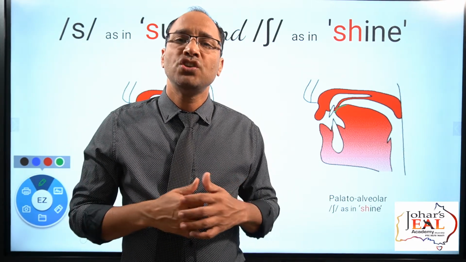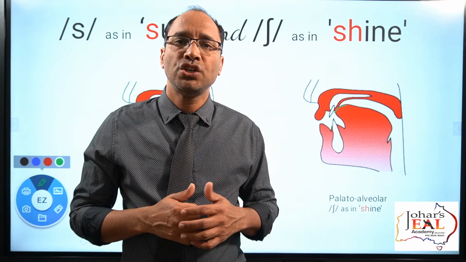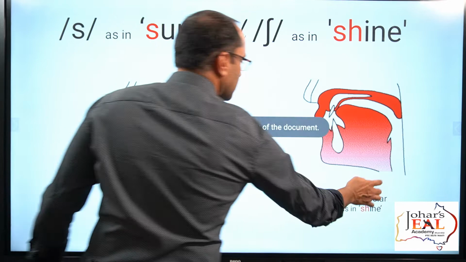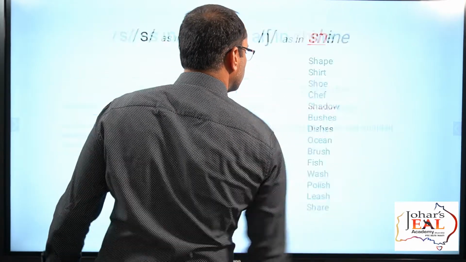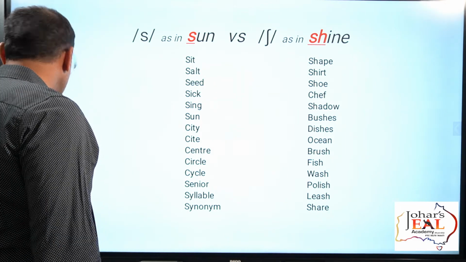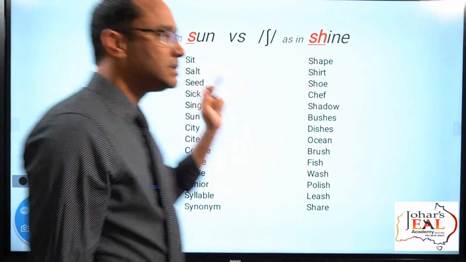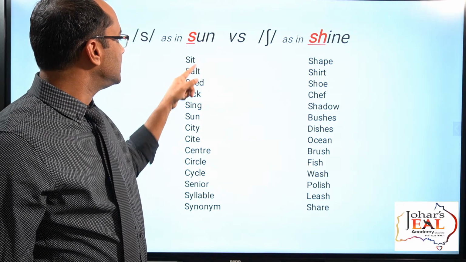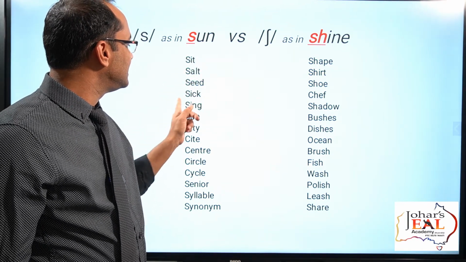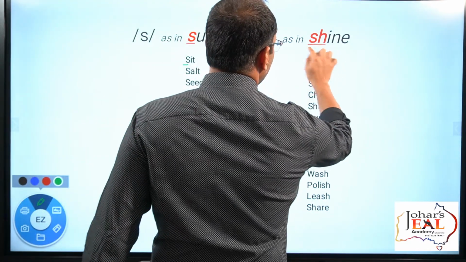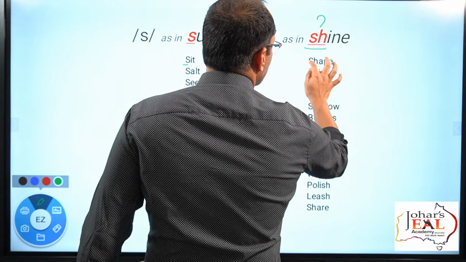So if you want to pronounce it, take your tongue up, a larger section. Shh, shh, shh. So yes, there are certain sounds. When you pronounce this sound, it's alright, as in sit, salt, seed, sick, sing, sun. Here, this is the problematic sound. Shh.